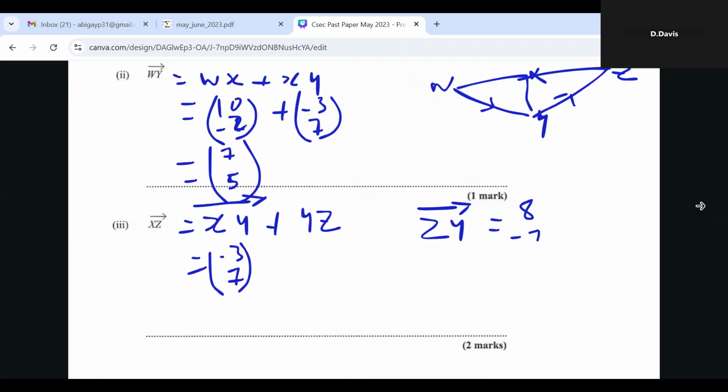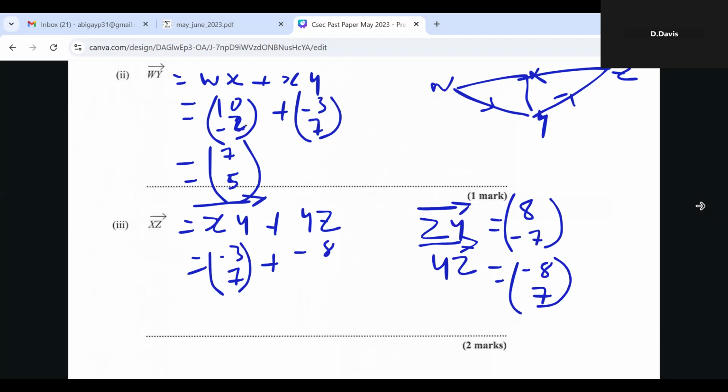Since it changed direction, YZ is -8, +7. So let's add -3 plus -8, -11, and 7 and 7 gives you 14. And that's our answer.